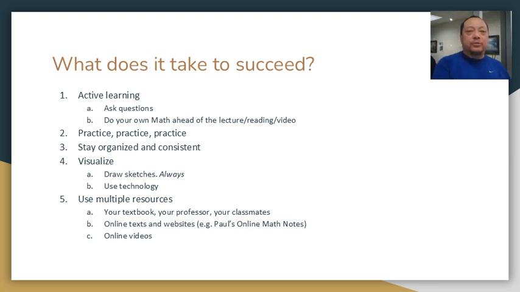The rest of the skills needed. Practice, practice, practice. I'm sure you've heard this saying before. Math is not a spectator sport. Stay organized and consistent. This is especially true if you're taking an asynchronous online class. You need to fix certain time and date for calculus. For example, 5 p.m. to 7 p.m. Monday, Wednesday, Friday, Saturday are reserved for calculus.